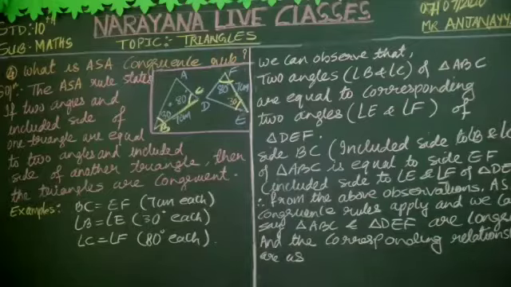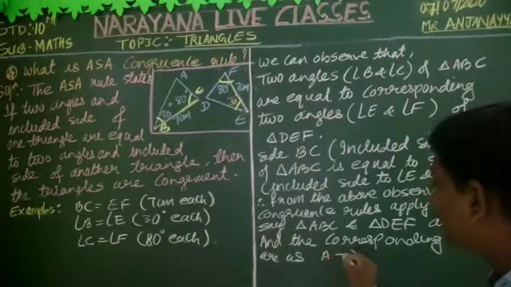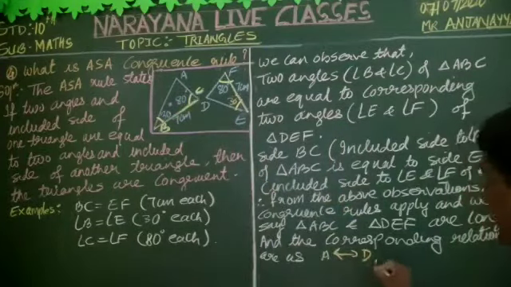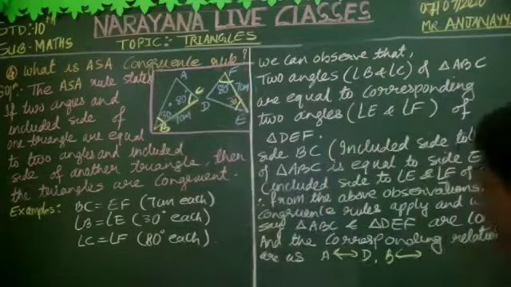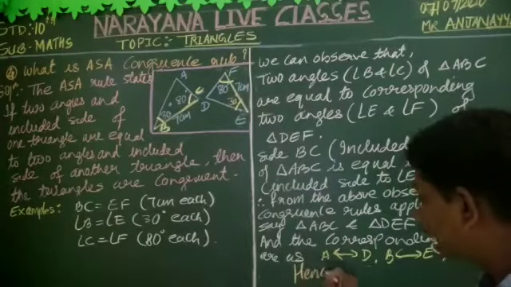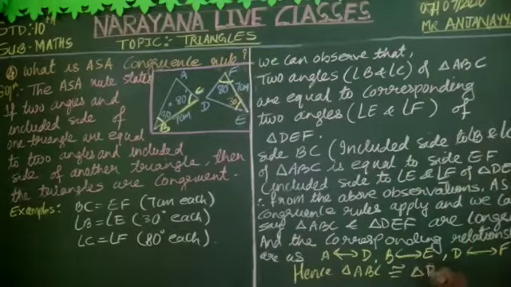The corresponding relationship is as follows: angle A corresponds to angle D, angle B corresponds to angle E, and angle C corresponds to angle F. Hence triangle ABC is congruent to triangle DEF.